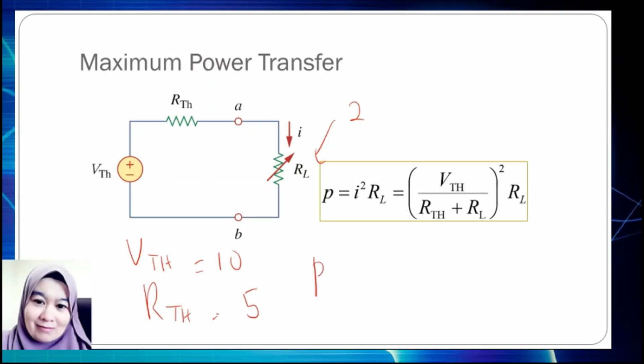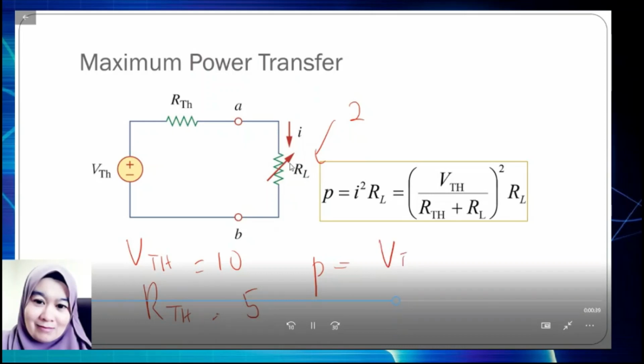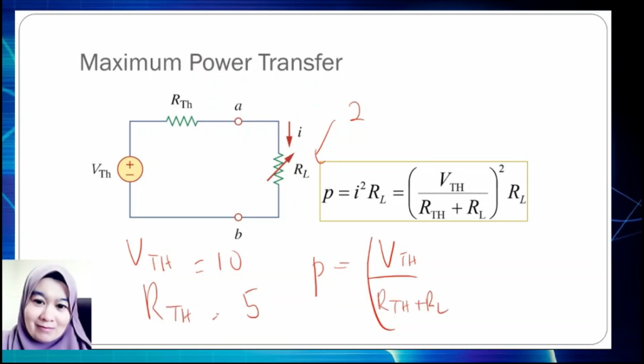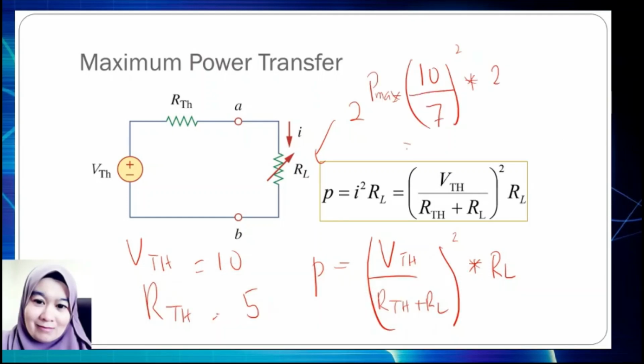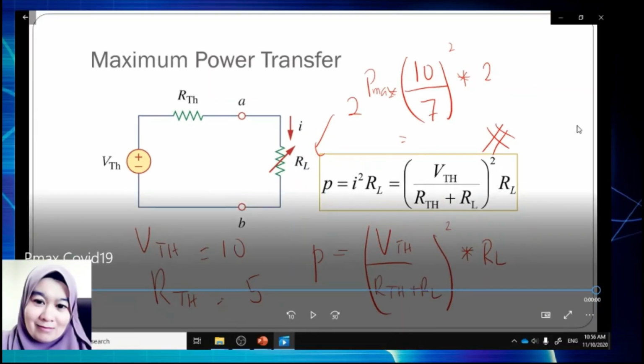For example, here I use RL equal to this, then you just put in the values of VTH and RTH here, and you can get the value of maximum power transfer. Just use a calculator and try to calculate by yourself.